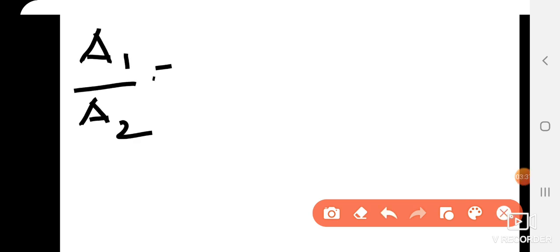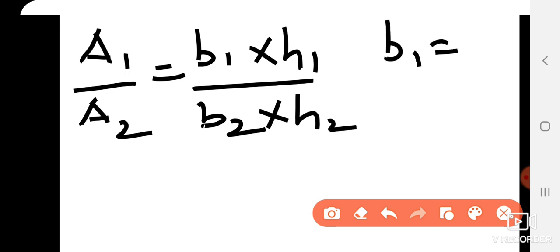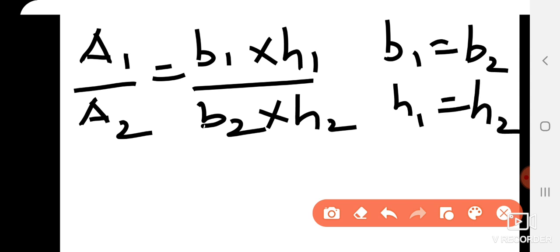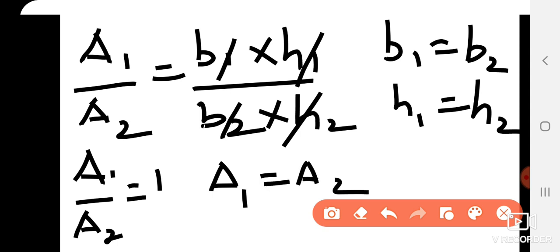Now let's see what happens if they have an equal base and equal height. So we take A1 upon A2 is equal to B1 into H1 upon B2 into H2. Now if I say B1 is equal to B2 and H1 is equal to H2, all these things will cancel off, and what we have is A1 upon A2 is equal to 1. I can also say that A1 is equal to A2.